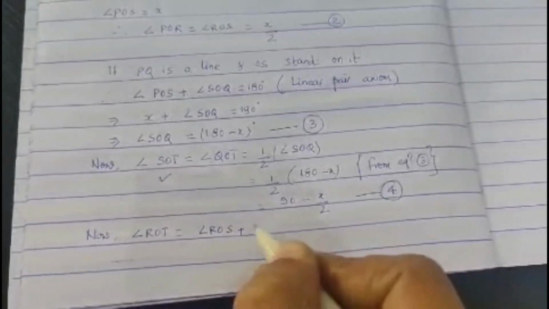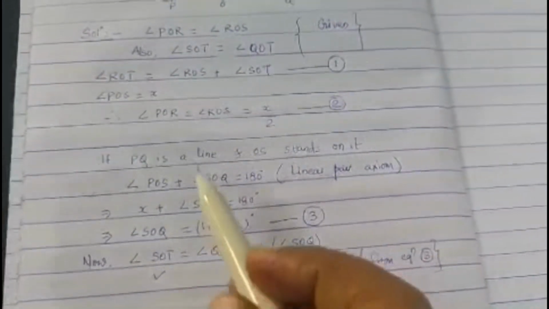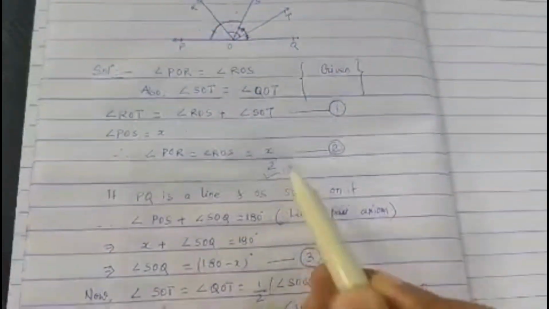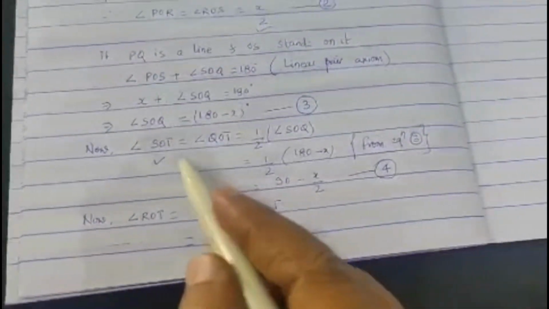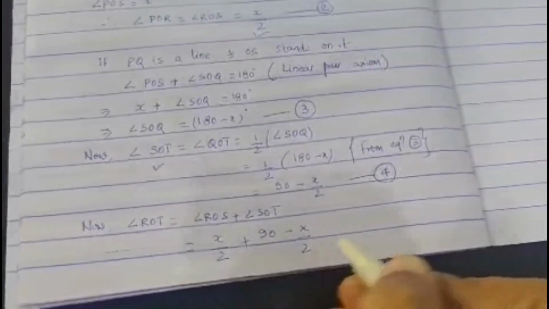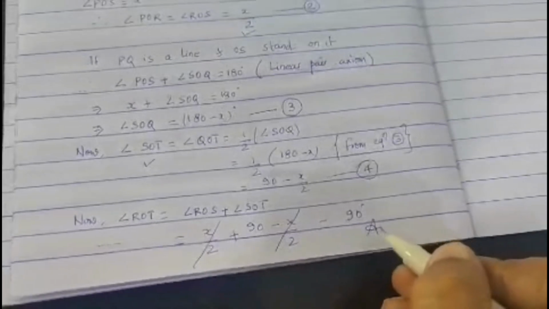ROS is X by 2, and SOT is 90 minus X by 2. So this is equal to 90 degrees. This is our answer, 90 degrees.